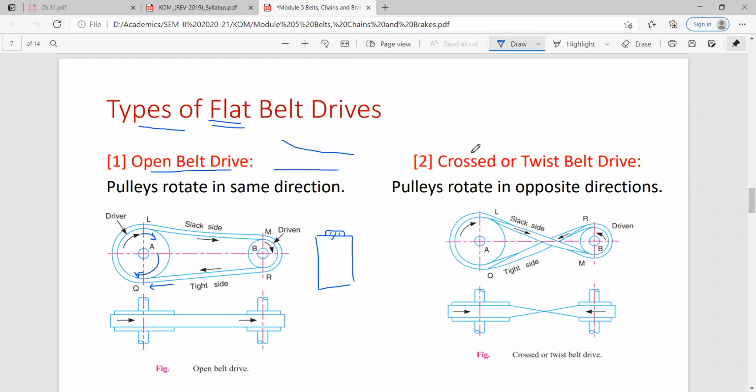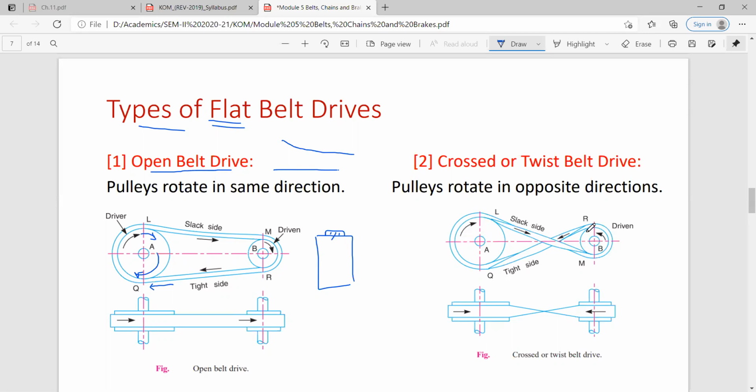But in the case of a crossed or twist belt drive, the pulleys rotate in opposite directions. You can see how it is arranged. You have to literally twist the belt so that the directions of the two pulleys are opposite.